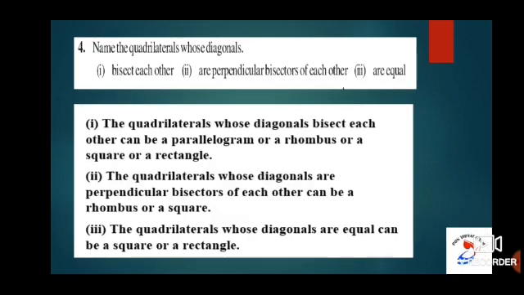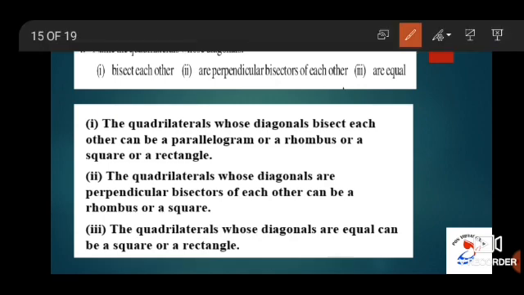Now, it is question number 4. Name the quadrilaterals whose diagonals subdivision 1 bisect each other, subdivision 2 are perpendicular bisectors of each other, and subdivision 3 are equal. For the first one, the quadrilaterals whose diagonals bisect each other can be a parallelogram, rhombus, square or rectangle.